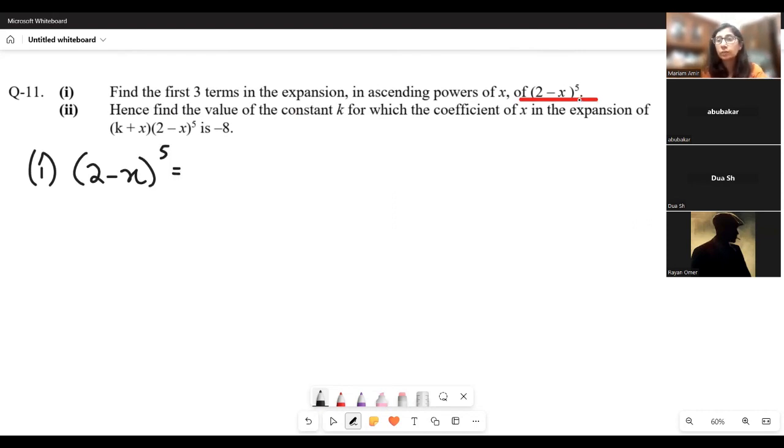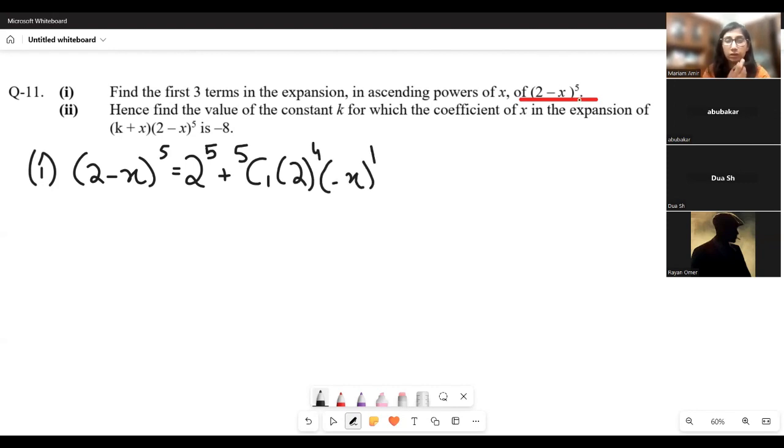So that is going to be 2 power 5, the first term, plus 5c1, 2 power 4, and minus x power 1. And then the third term would be 5c2, 2 power 3 and minus x power 2.